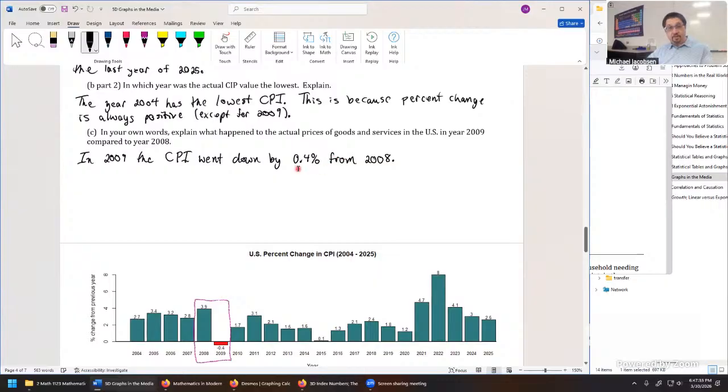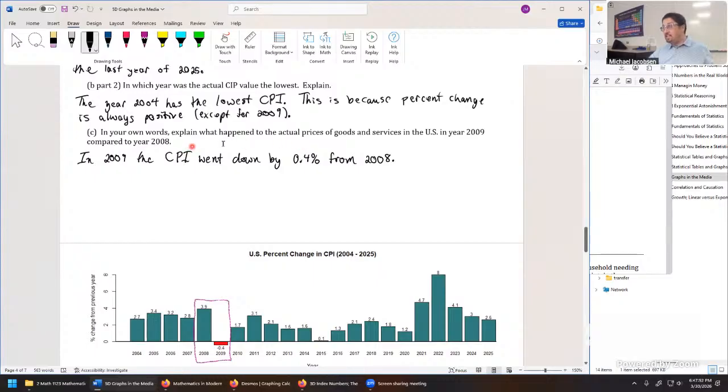I wrote it as a positive value here because when I said went down, that already conveys the negative sign once. If you said went down and you put a negative here, it's technically double negation, but I wouldn't be super picky about that. Typically, this is how it'd be more likely written.